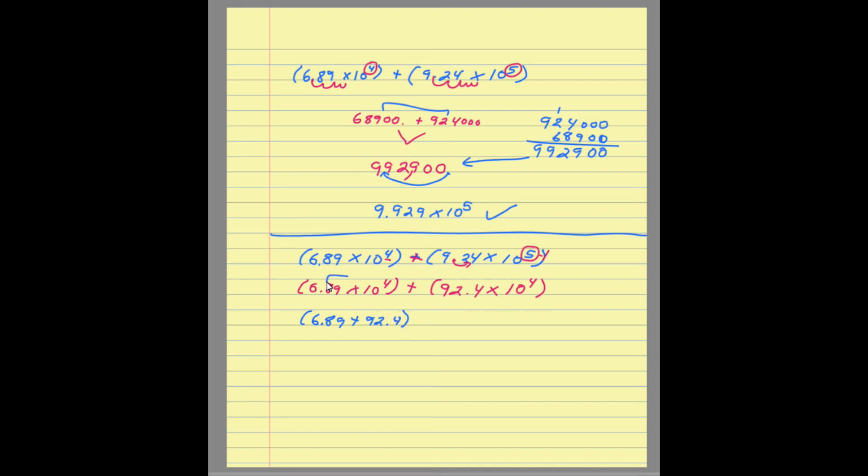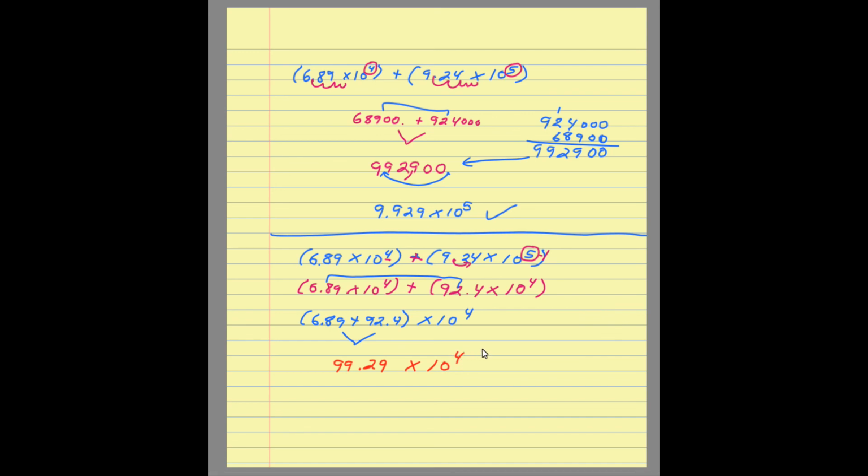That's this number here and that number there. I can actually add them together, and then I can go times 10 to the 4th power right here. Okay? When I add these two together, watch what happens. It's going to be 99.29. When you add it together, that's what you get, times 10 to the 4th.